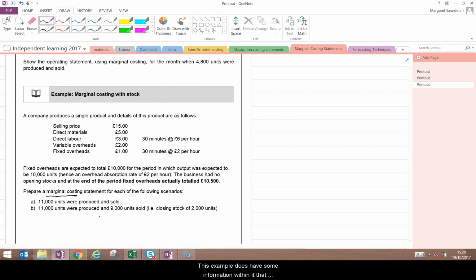Now this example does have some information within it that we do not need. As we're doing a marginal costing statement, we don't need to know about absorption rates, so just bear that in mind. This absorption rate of £2 is not going to be needed.